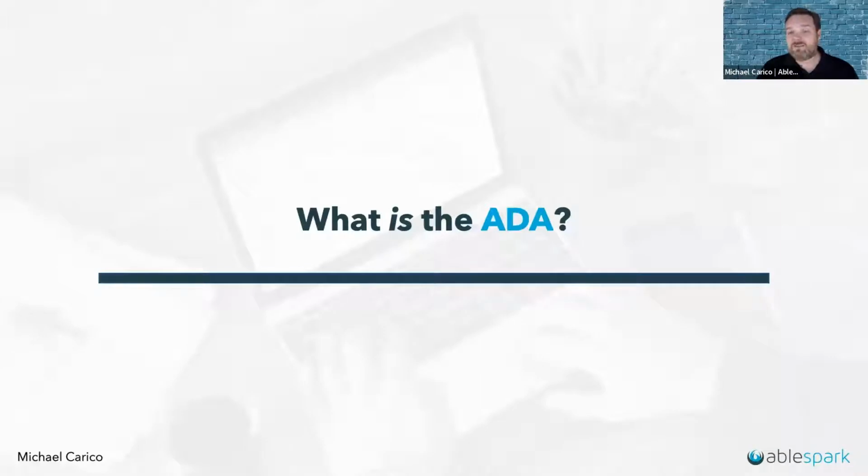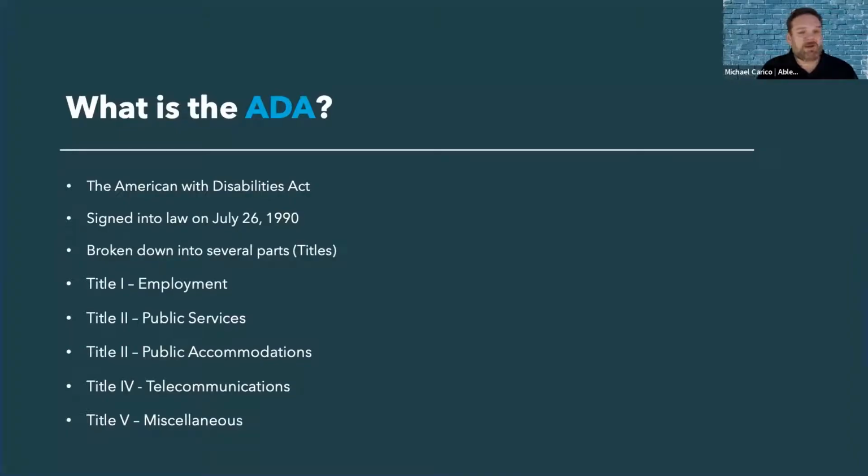So the first thing I think we need to talk about, just to give a little background, is what is the ADA? So the ADA is the Americans with Disabilities Act. It was signed into law almost 32 years ago, July 26, 1990. It's broken down into several parts, or people will talk about titles.